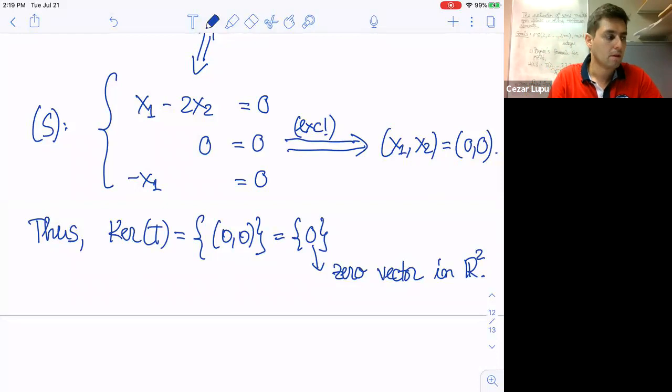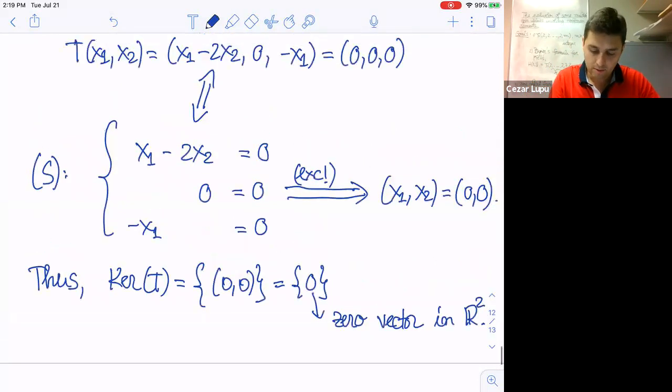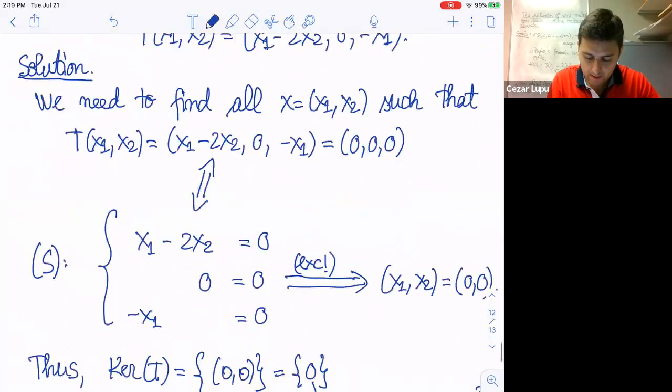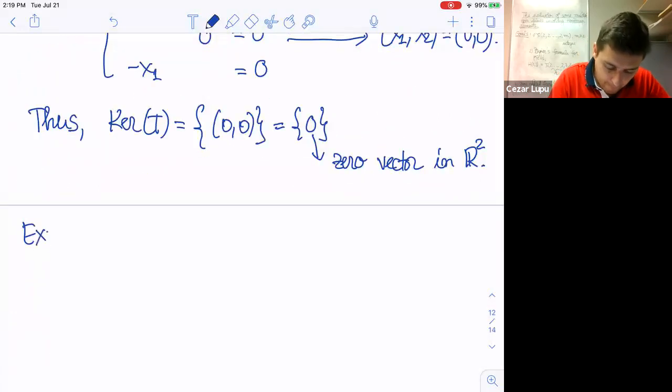Okay. Now, let me give you another example. I want to do as many examples as possible. This was example number 3. Example 4. This example would be of the same type, but a little bit different now.